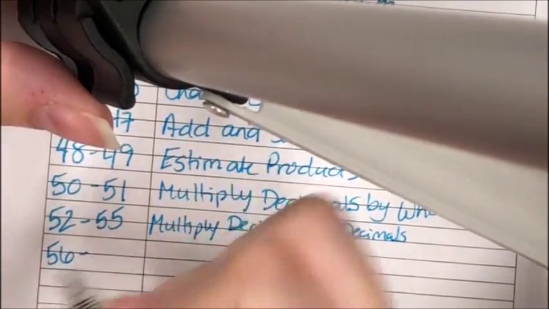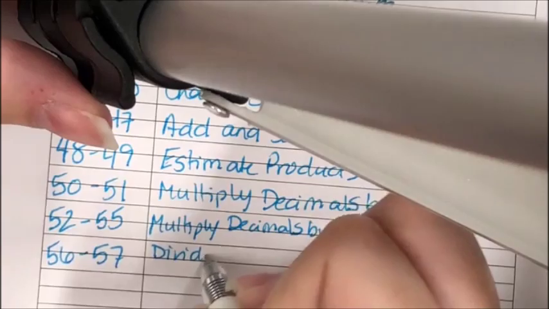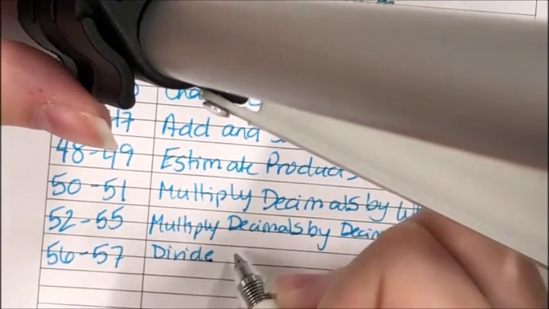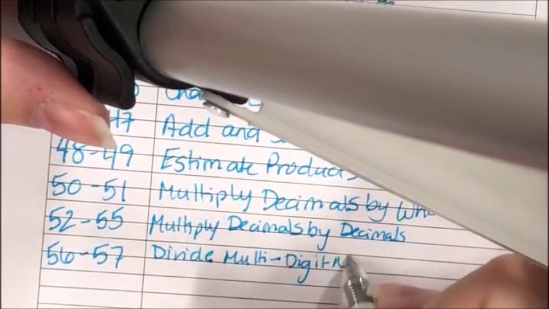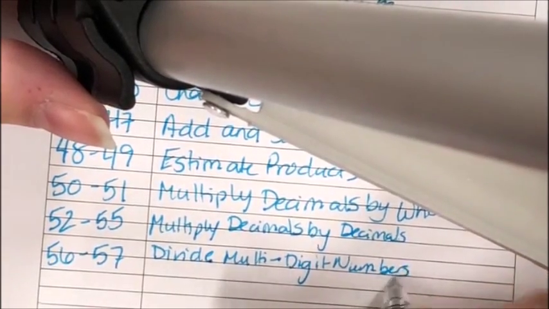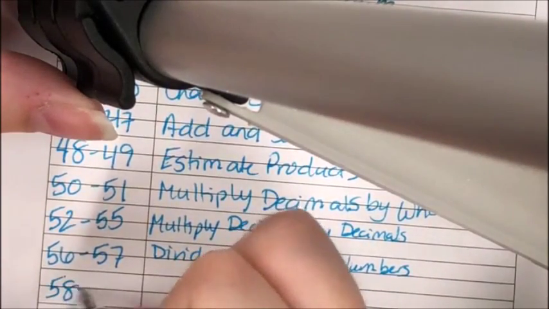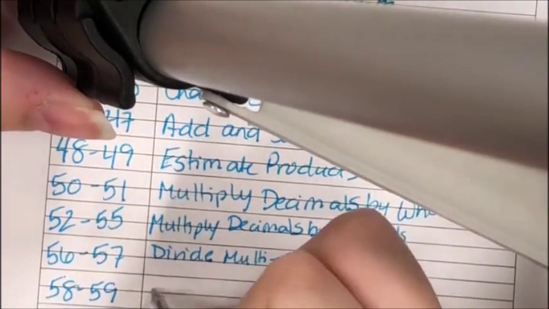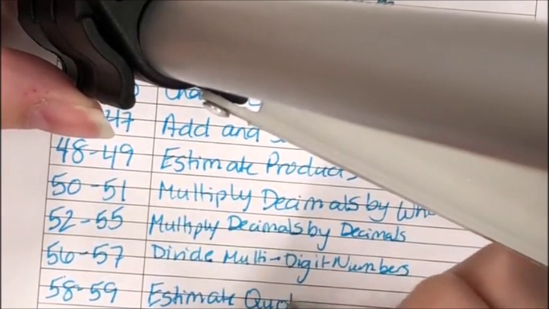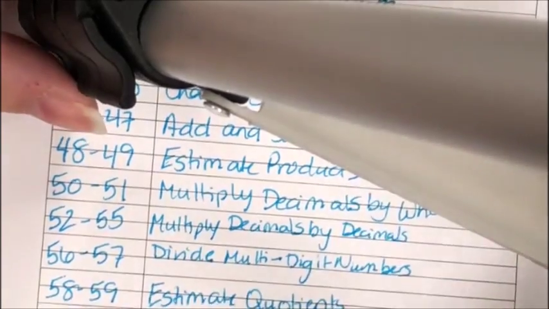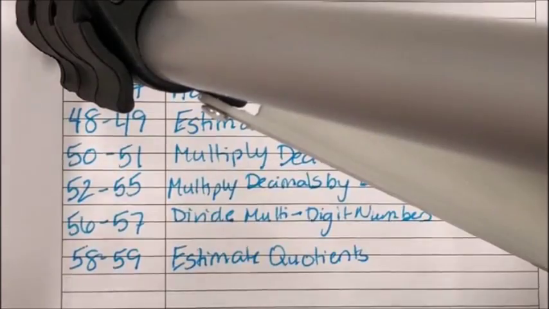Page 56 through 57 is divide multi-digit numbers. 58 through 59 is estimate quotients.